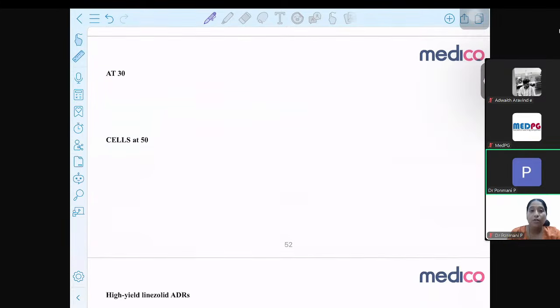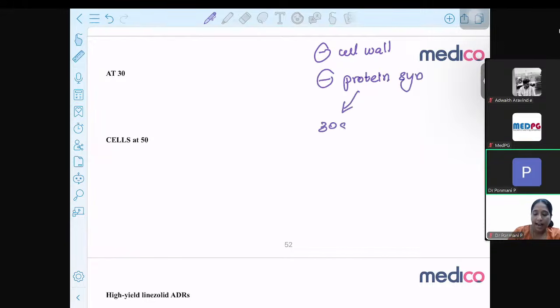You know that antibacterials can have two mechanisms of action: one is inhibiting the cell wall, the other is inhibiting protein synthesis. If it is inhibiting protein synthesis, it can act on either the 30S subunit or the 50S subunit. When it acts on the 30S subunit, what are the two drugs?